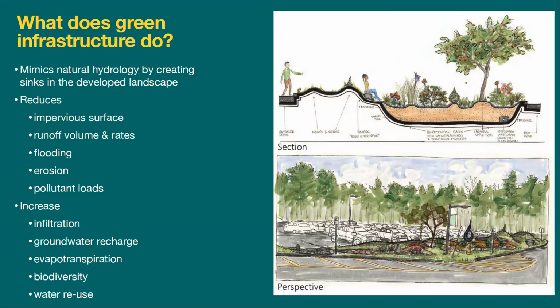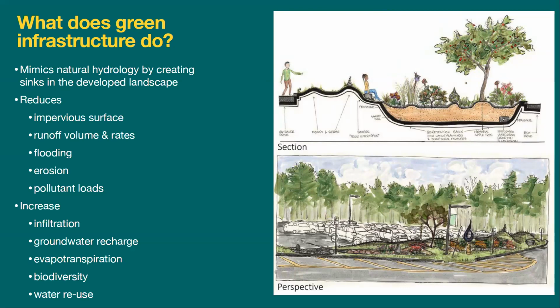Phosphorus, again, is kind of a focus with Lake Champlain, but you can think of all the other pollutants that are coming off our landscape, washing all the way down. And the more that we can create little sinks in the landscape to capture and hold those nutrients higher up, and maybe use them for plant growth and other things that can use them constructively, then the better we can be doing.